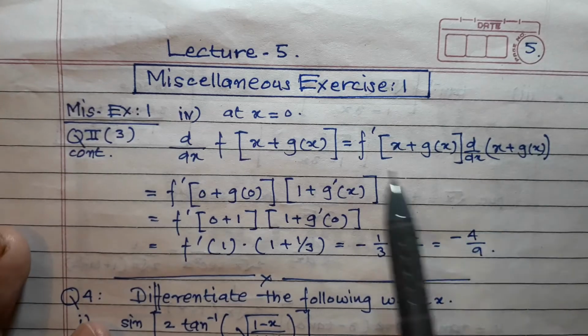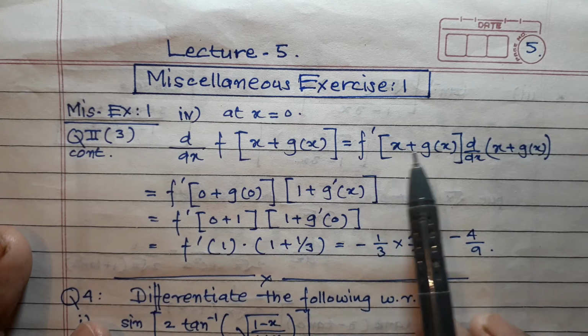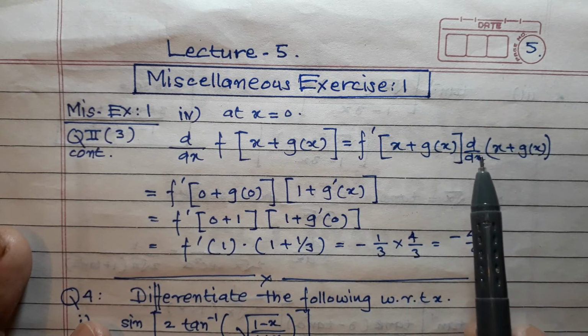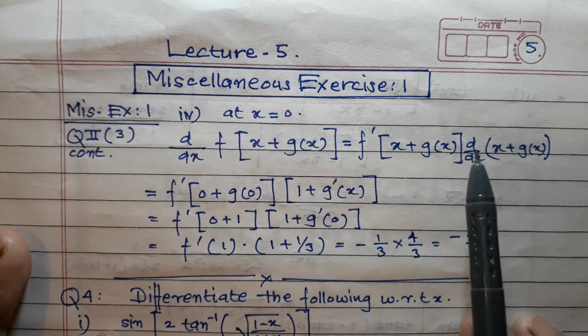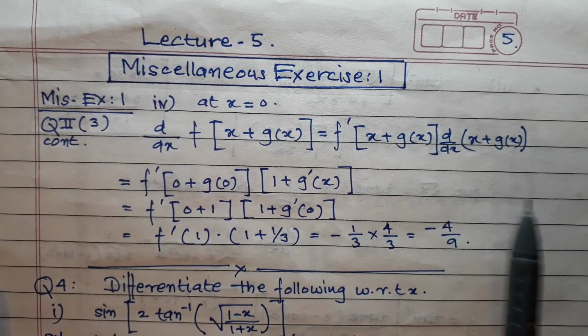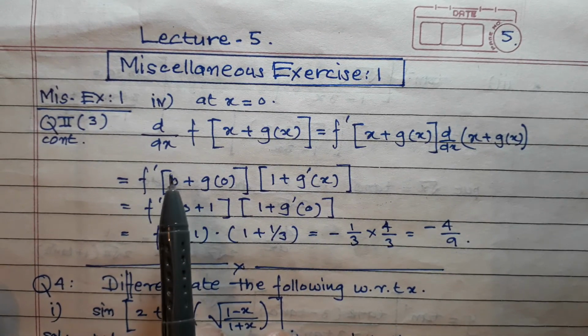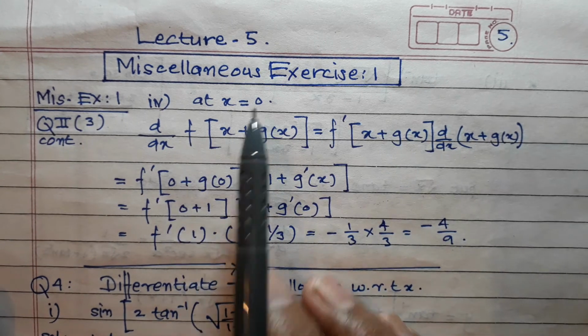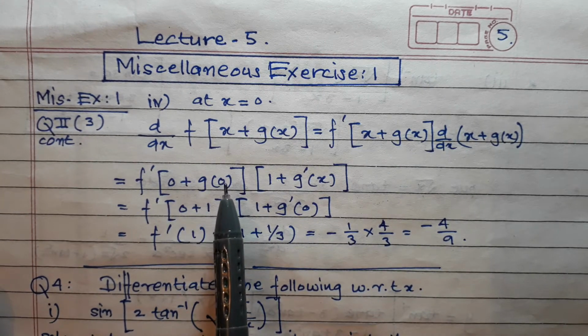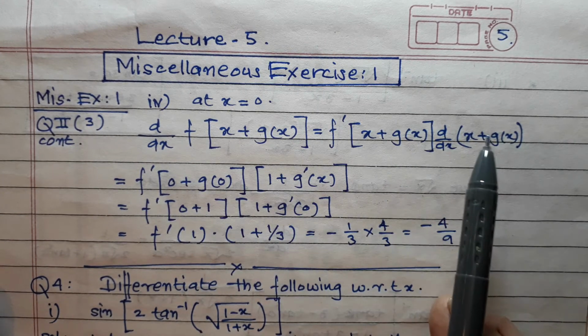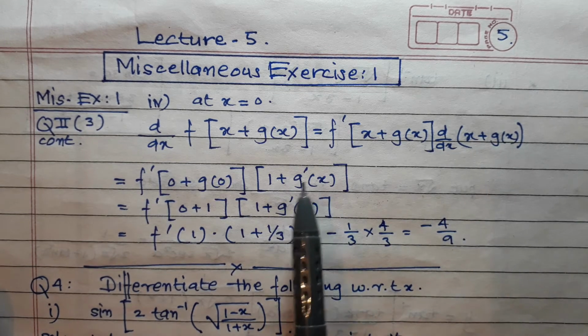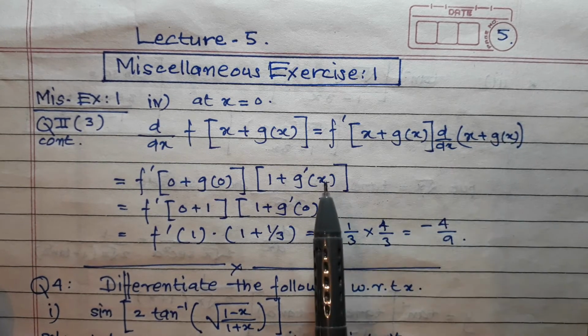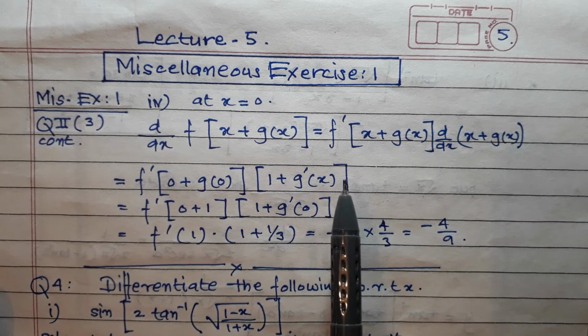Now, this is equal to f dash x plus g(x) and the derivative of x plus g(x). So f dash 0 is equal to 0 plus g(0) into the derivative of x, which is 1, and the derivative of this is g dash x.